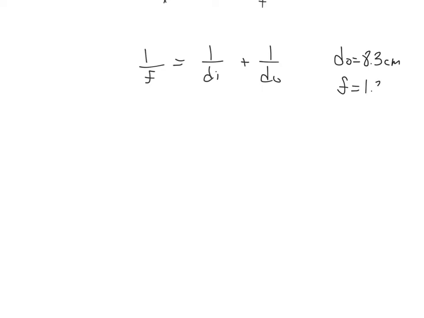Okay, what I want you to do is a practice problem. You are going to use the thin lens equation. 1 over F is equal to 1 over di plus 1 over do. And the variables we're working with: do is equal to 8.3 centimeters, and F is equal to 15.2 centimeters.